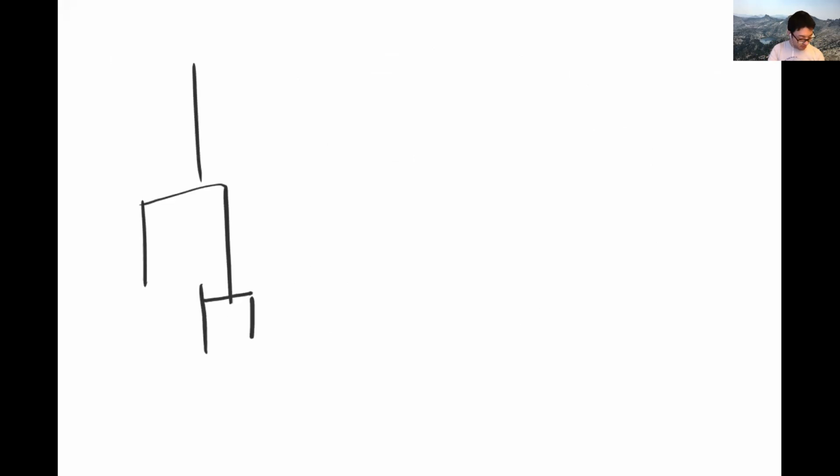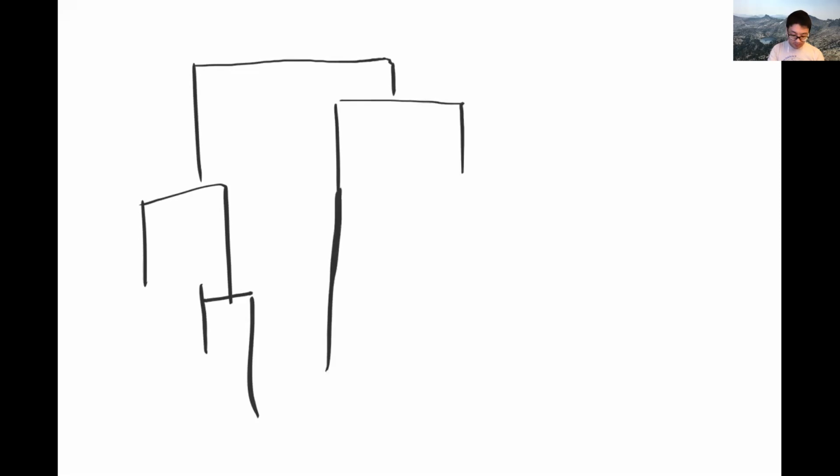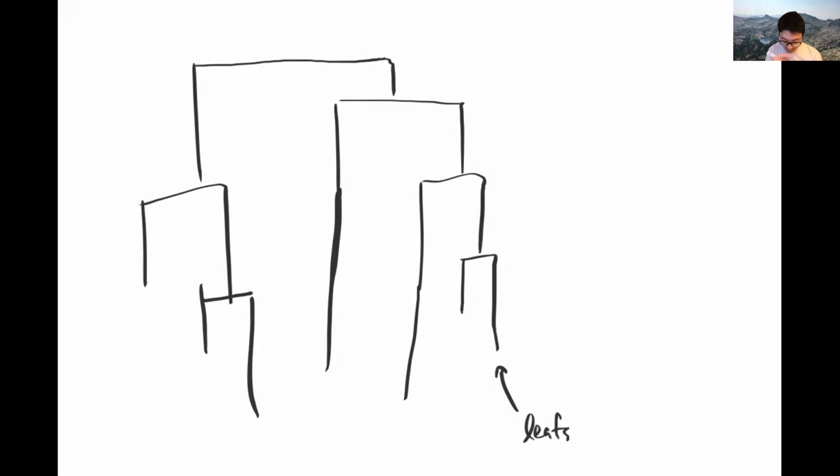So maybe you guys have seen something like this before. We've got this little tree structure thing going on. So this is a dendrogram. These points here at the bottom are called leaves.